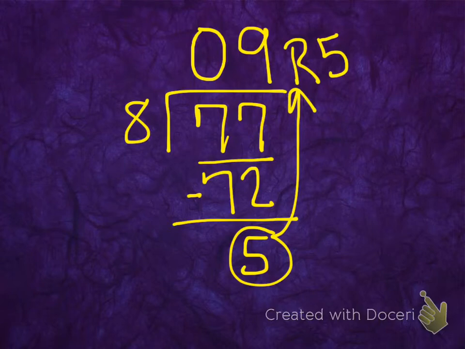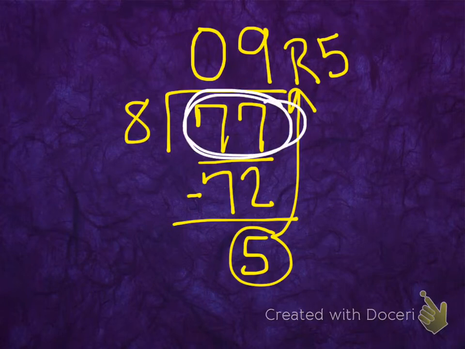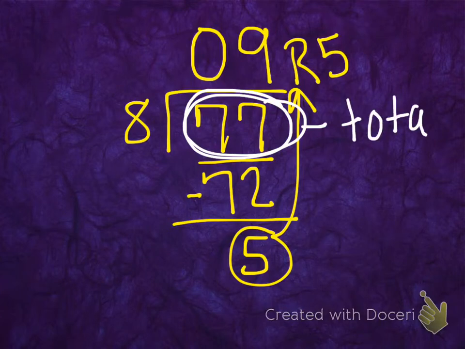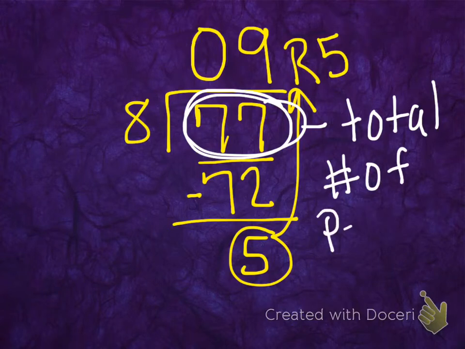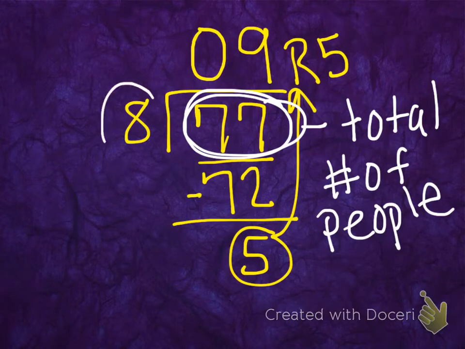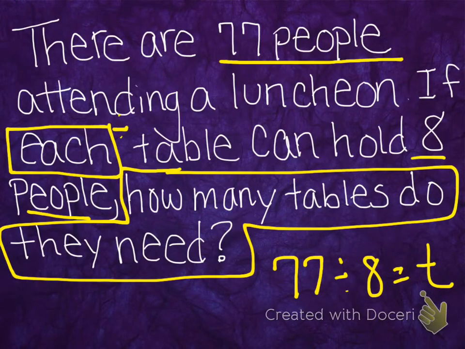Now let's take a look at this problem and figure out what everything means. This 77 here was talking about the total amount of people that they had at the luncheon. That total number of people. This 8 was talking about what? Well, let's take a look.